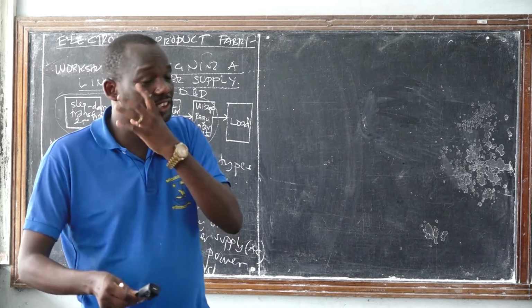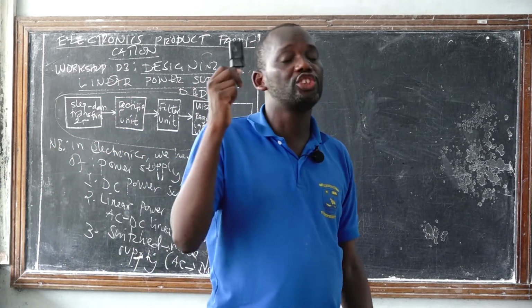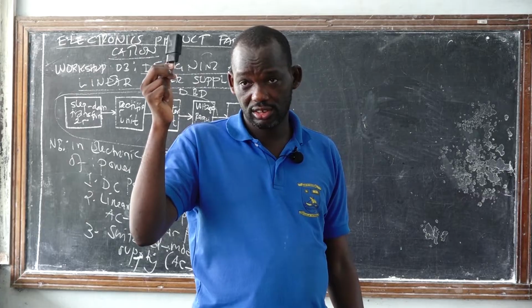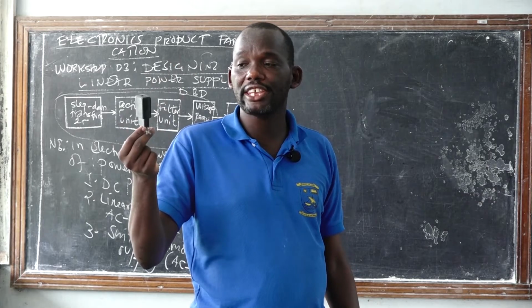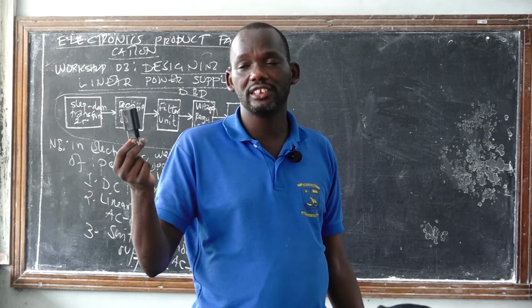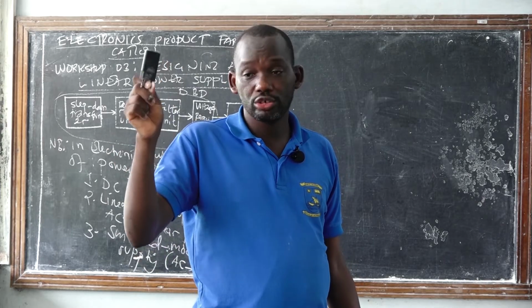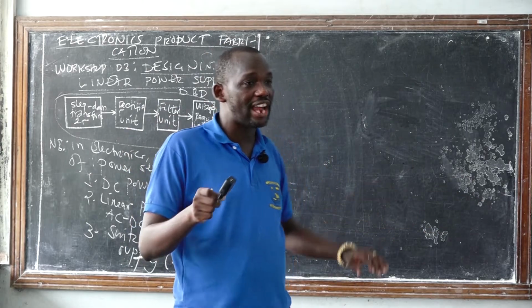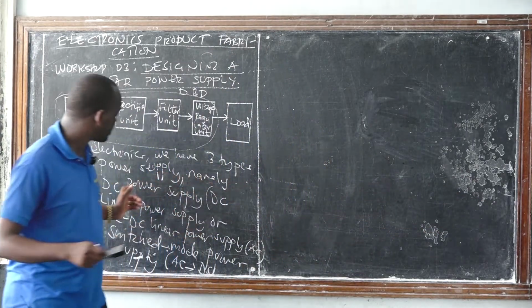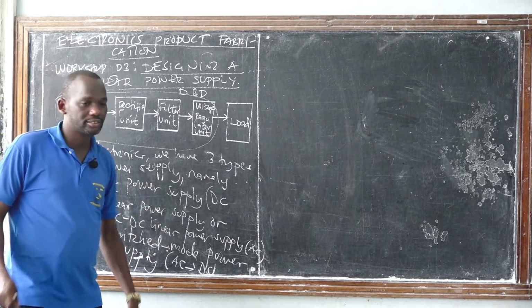But I told you that the type of power supply used in this mobile charger, or mobile adapter, is a switched mode, because switched mode has so many advantages over DC power supply and linear power supply.